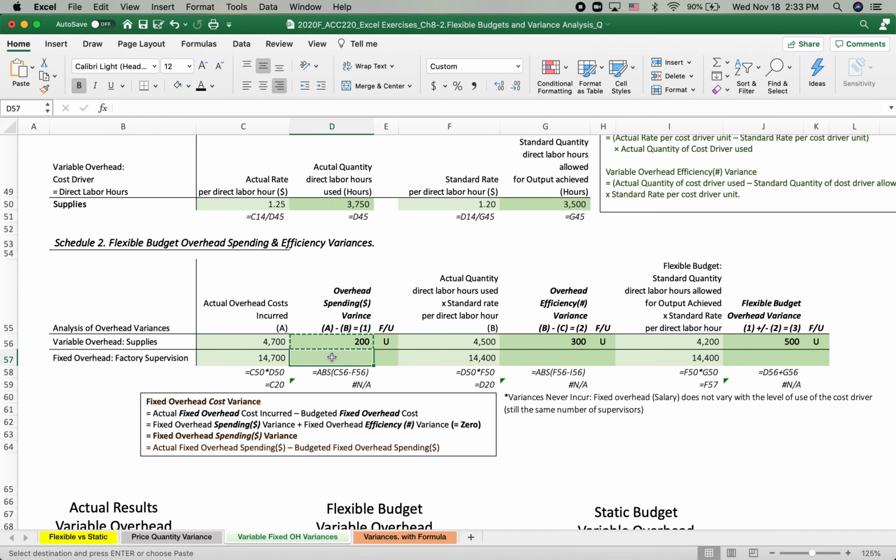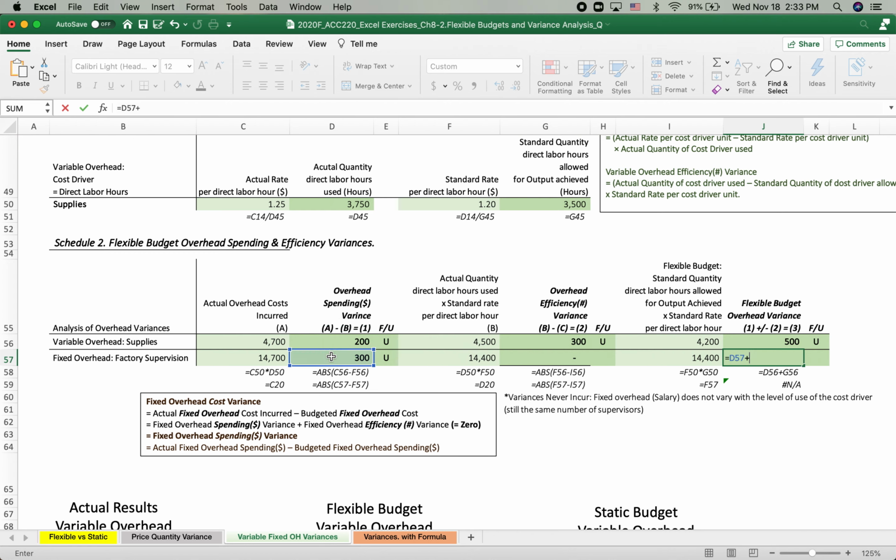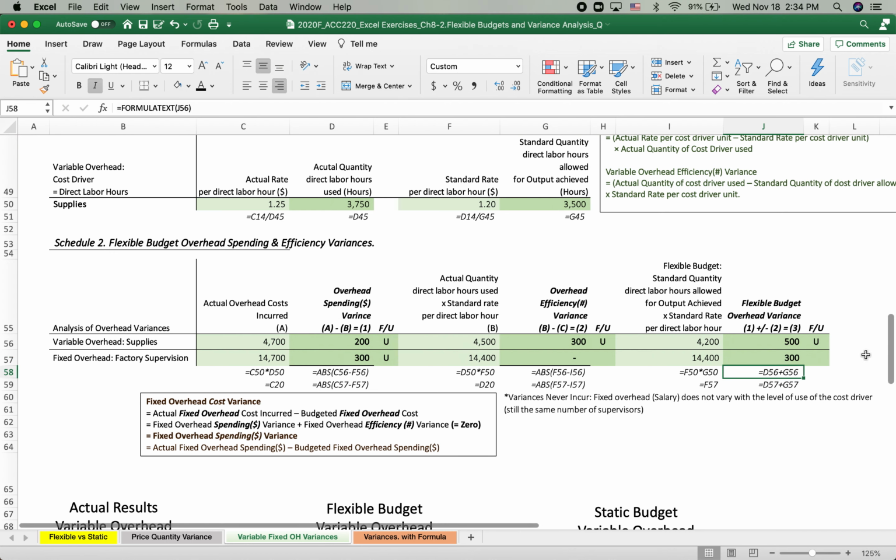So let's calculate one more time. I just want to copy and paste. You see here we have an unfavorable result because the actual is greater than the budget, and the efficiency is just nothing. Then the sum of these two gives us a 300 unfavorable result.